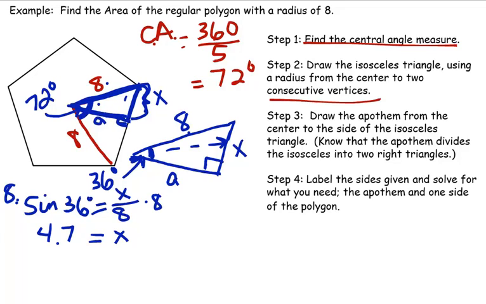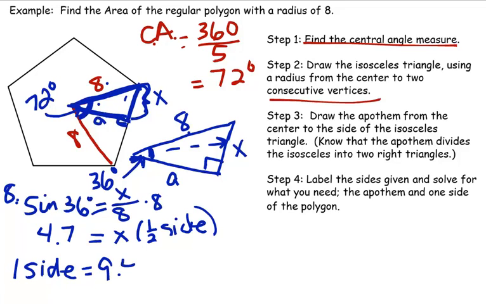But remember that this is only half of a side. And so if I want a whole side, I have to multiply this by 2. So one side is going to be 4.7 times 2, which is 9.4.